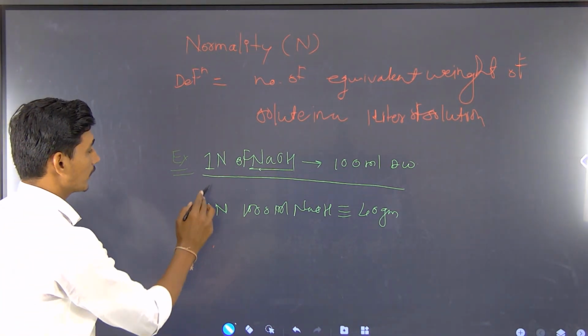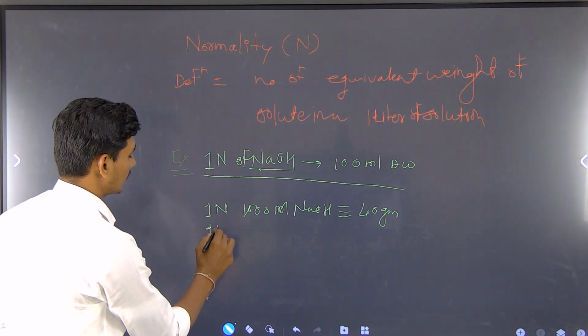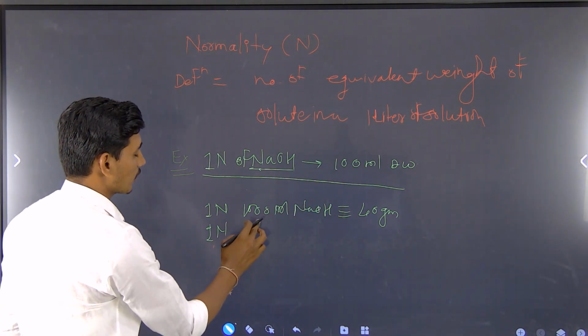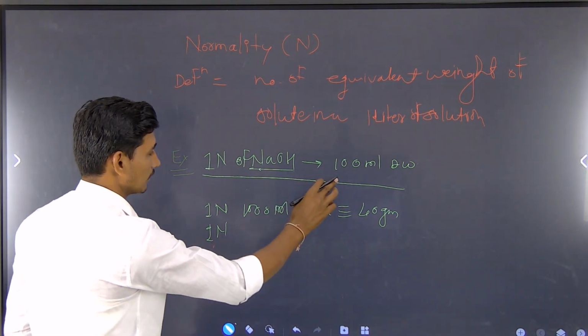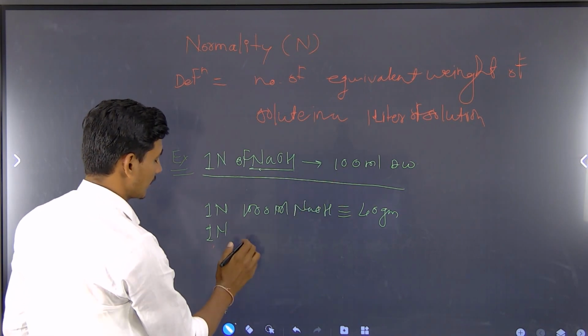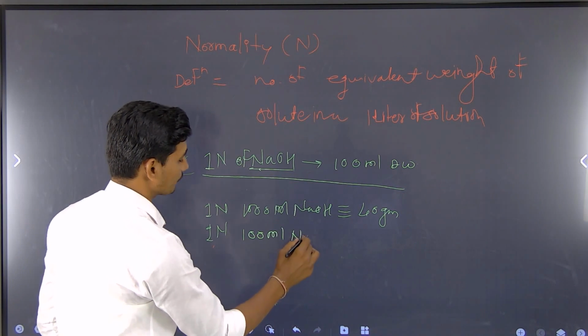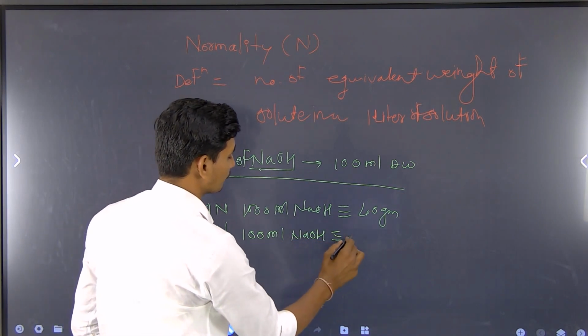We require one normal, so I will take one normal for 100 ml. Here the standard equation is for 1000 ml, but my requirement is 100 ml, so I will put 100 ml NaOH corresponding to how much gram.